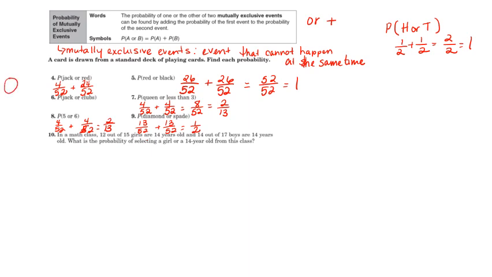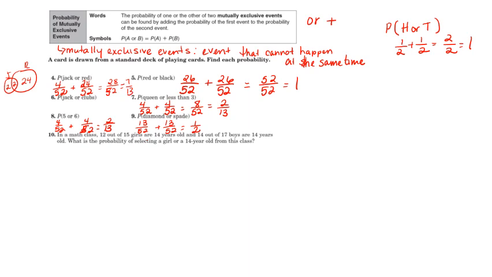Here's my jacks, here's my reds, and then there's 2 that kind of overlap in there. So I have 2 that are jacks that aren't red, and then I have 24 cards that are red but are not jacks. So that 2 plus 24 will still be 26 reds, and then 2 plus 2 will still be jacks. Okay, so 4 plus 24 is 28 over 52. And that reduces to 7 over 13.